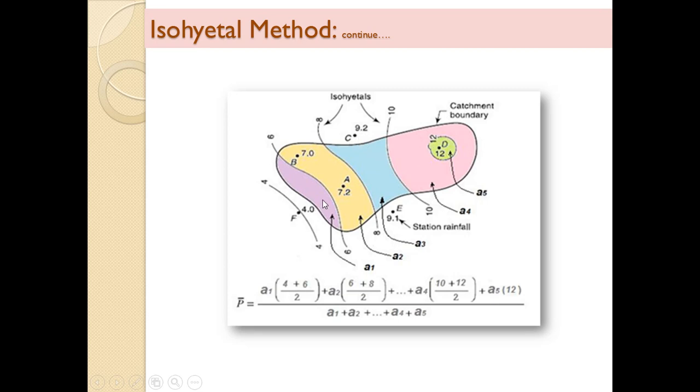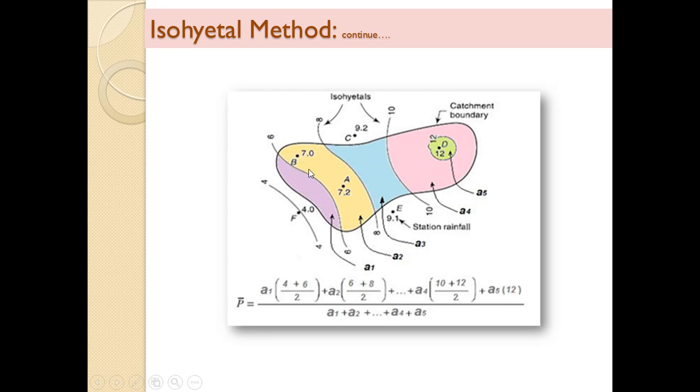Now how to draw the isohyet? Here, in between these 4 and 7, you can plot an isohyet of 4 directly on this rain gauge station 4, and then in between 4 and 7 you can draw the isohyet of 6. Even you can go for 7 also, but it is better to go for other than 7.